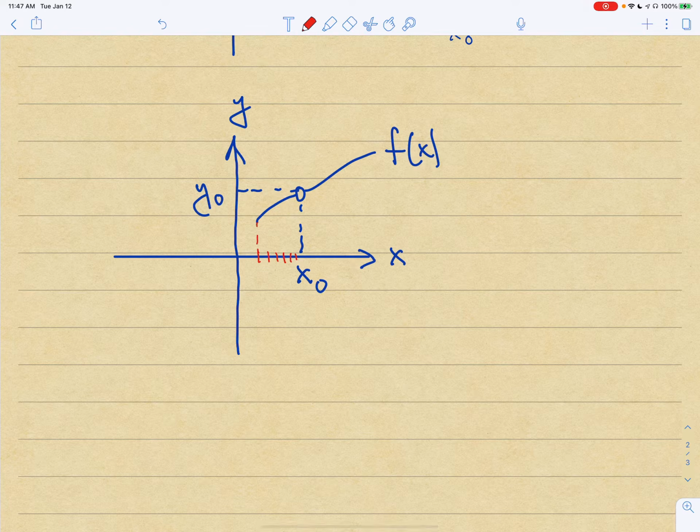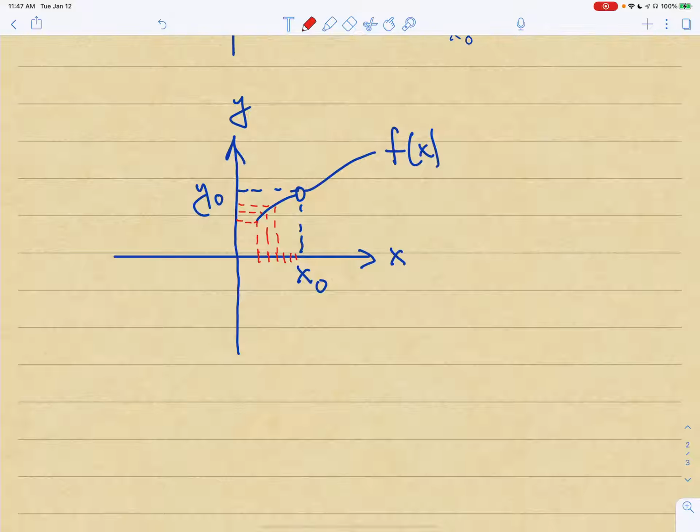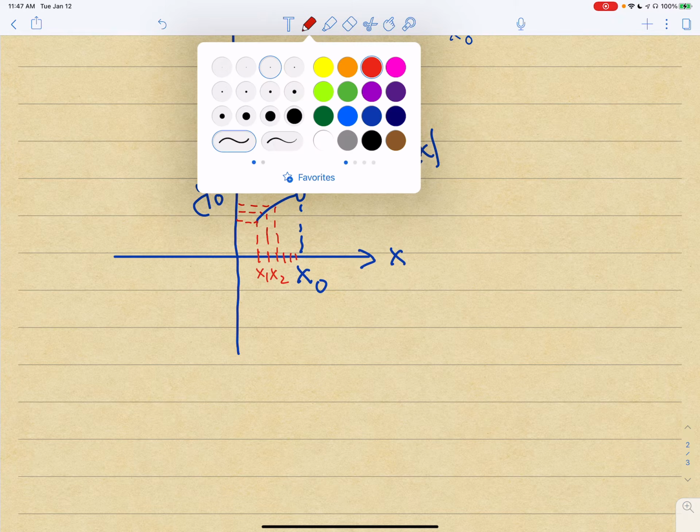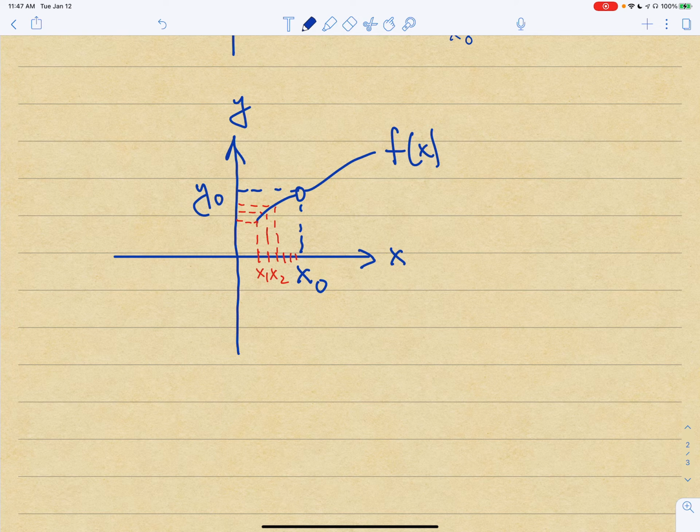Then there is a corresponding sequence of f of xn. x1, x2, etc. So in this case, the limit as n goes to infinity of xn is equal to x0, which is clearly the case for the sequence of red points that I drew there.